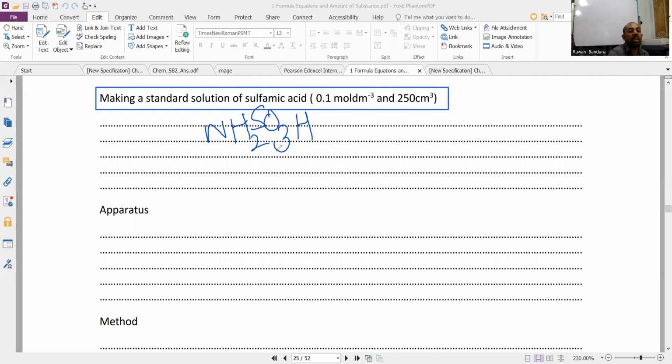Okay, can you find the molar mass of this sulfamic acid? Now should we write it down? Yes. Just so we can write it down. It is 97.1.